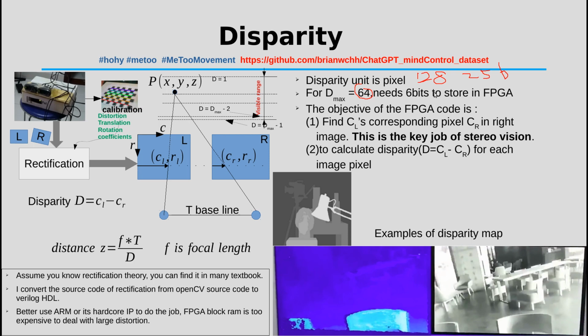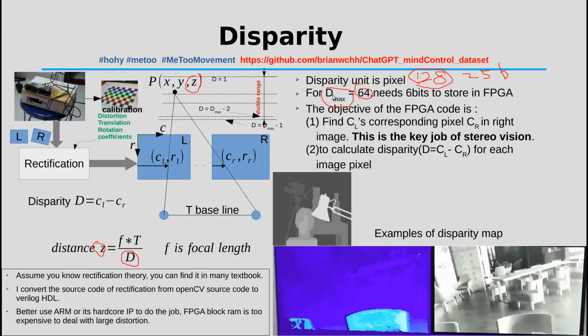So what if you increase this Dmax number? Let me talk about the distance. How do you get the z distance? This is the formula, so it is inversely proportional to d.